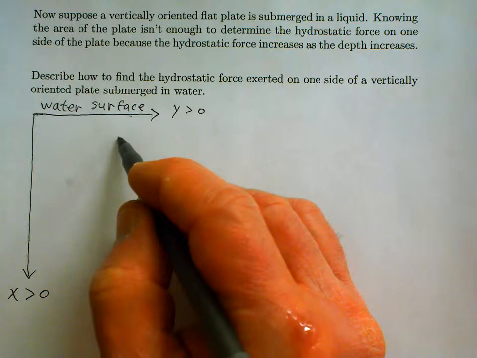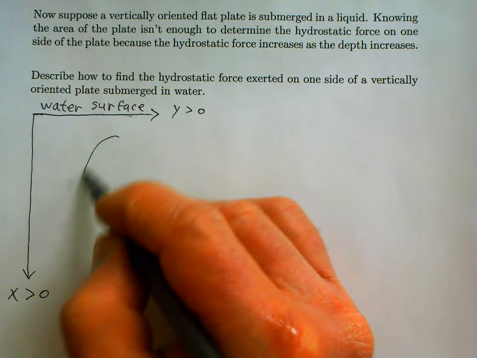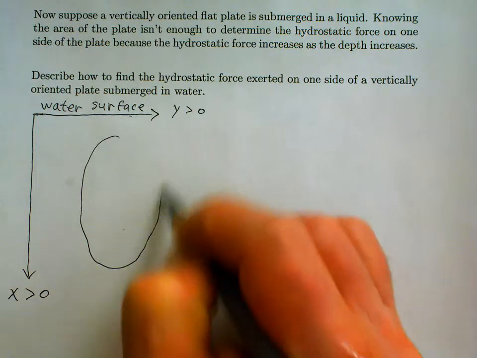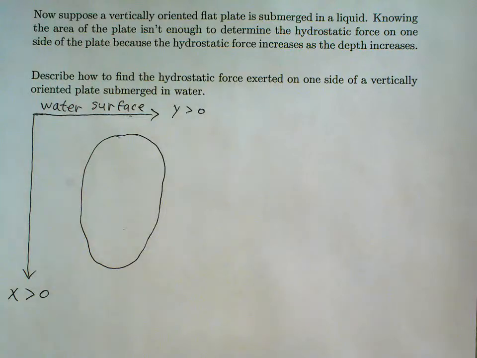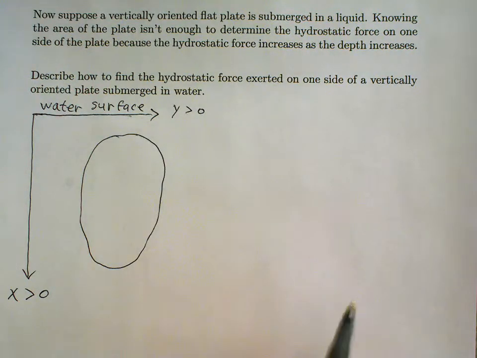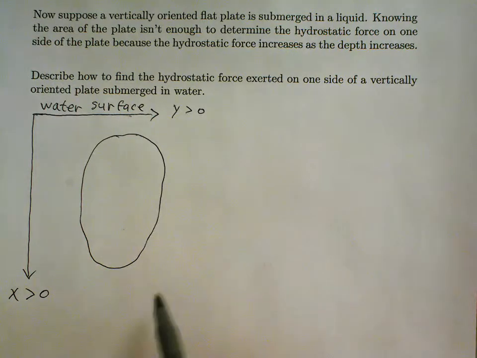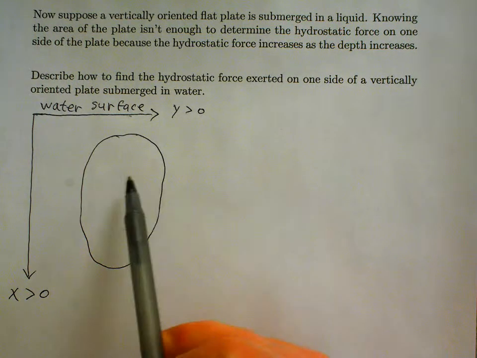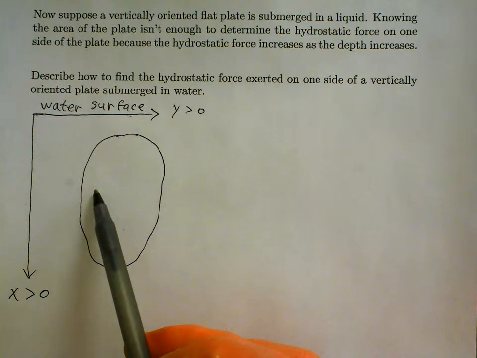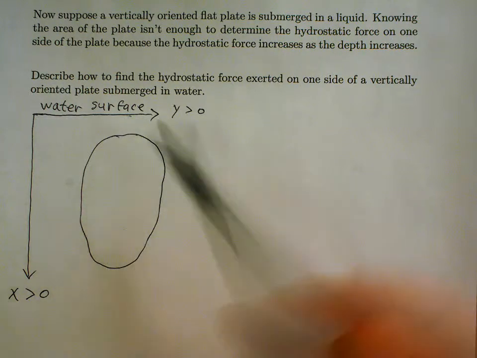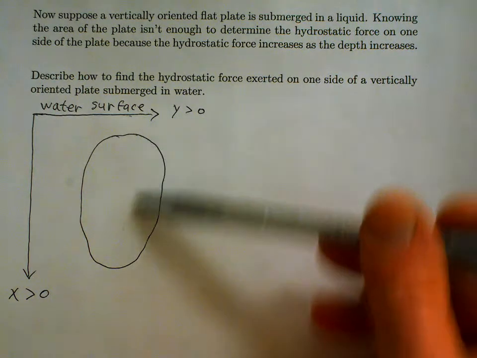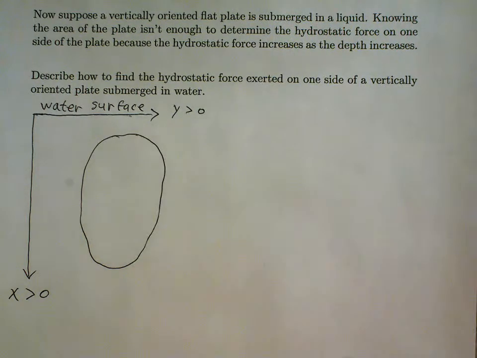And we're going to suppose that we have some vertical plate of an arbitrary shape. And we want to see if we can come up with an expression for the hydrostatic force that's exerted on one side of this vertically oriented plate submerged in water.